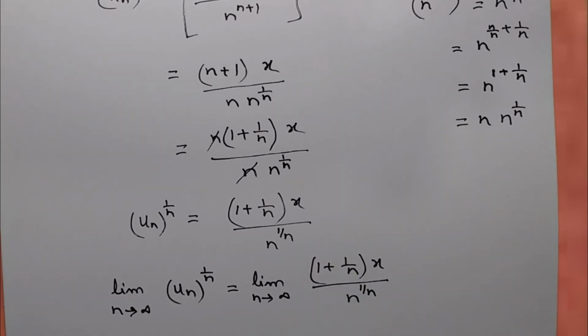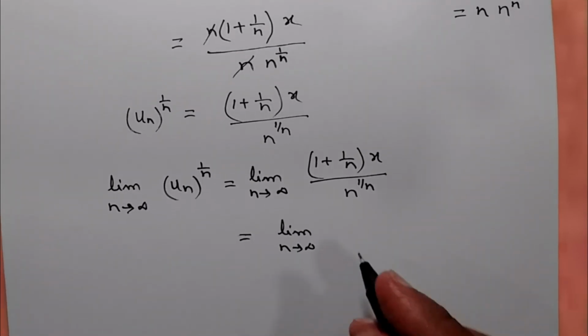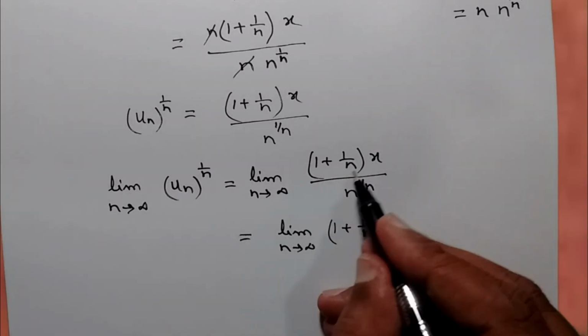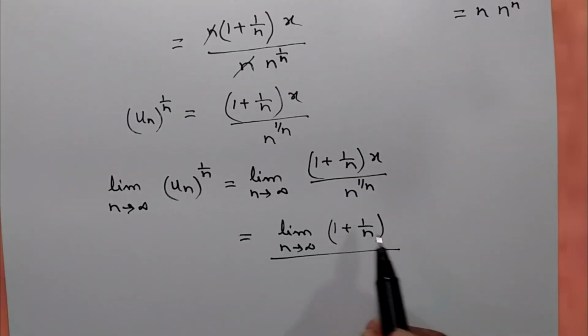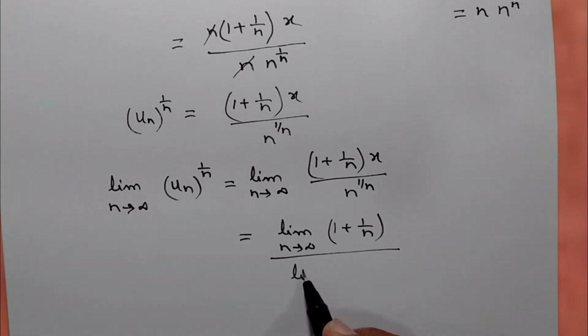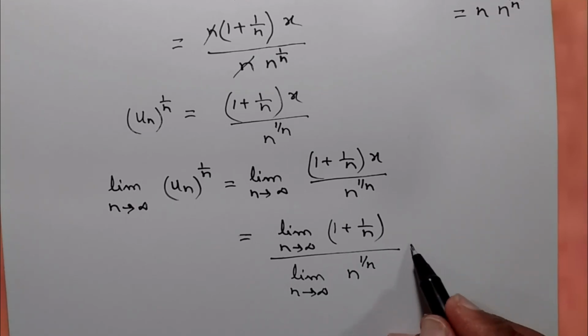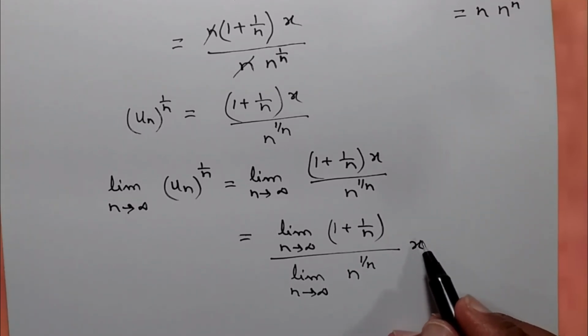If I apply the limit for the numerator value as well as for the denominator value, so this becomes limit as n tends to infinity 1 plus 1 by n. Numerator I am applying, whole divided by, for denominator also you can apply the limit as n tends to infinity n power of 1 by n, and this value of x will be as it is.